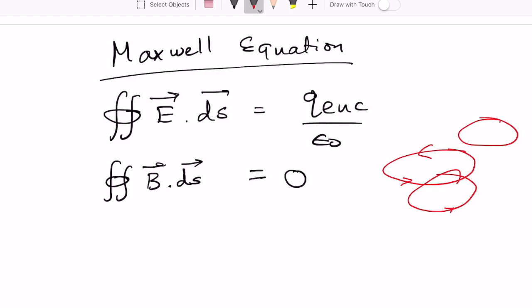So if you have a surface, let me draw a surface like this. If you have a closed surface, remember that these red circles are actual loops, whereas the black shape represents a closed surface.